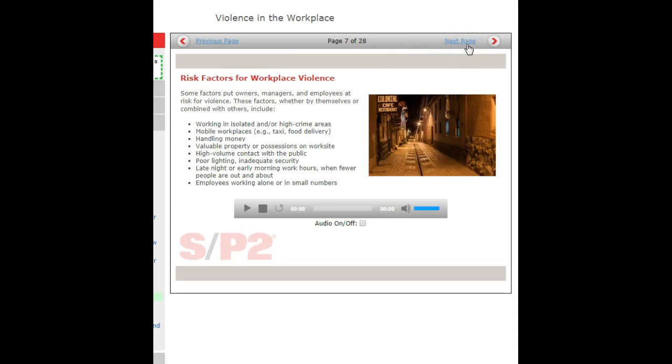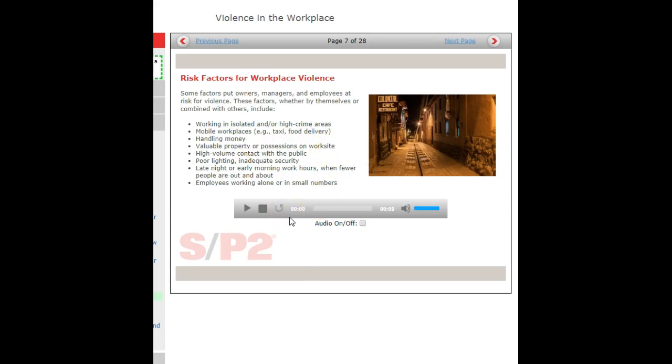So there are also some risk factor assessments for your particular workplace that basically highlight risk factors that may make your particular work environment potentially a little bit more risky, as far as working in isolated or high crime areas, mobile workplaces, taxi, food delivery, things like that, handling money, valuable property or possessions, high volume of contact with the public.